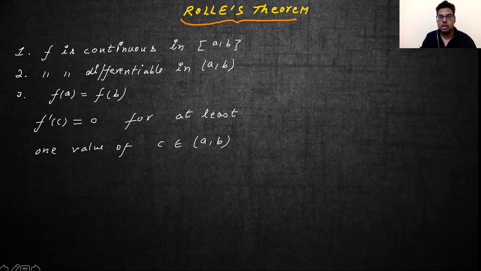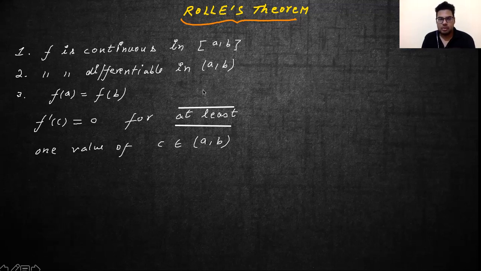So this word at least is extremely important, because it says that for at least one value it is happening, right? It can be for more than one value. So wherever you have the questions which ask about at least one root, whenever there is a statement like this, it simply means that it is talking about Rolle's theorem directly or indirectly. So we'll try to take one or two examples of this.